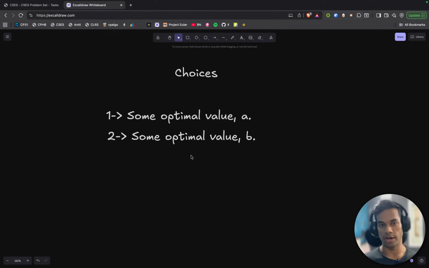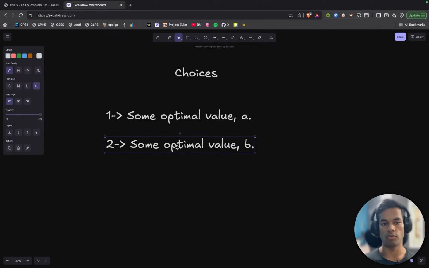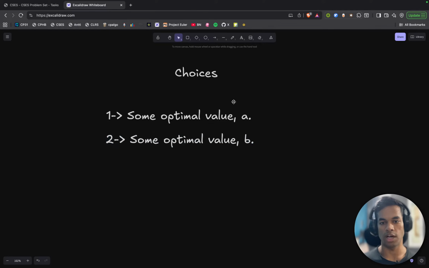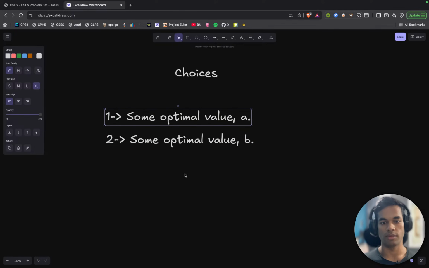If you are defining the optimal value as the minimum value, then you take the value that is minimum and go with that choice. But if you are defining your optimal value as the maximum value, then you take the maximum value among all the choices.